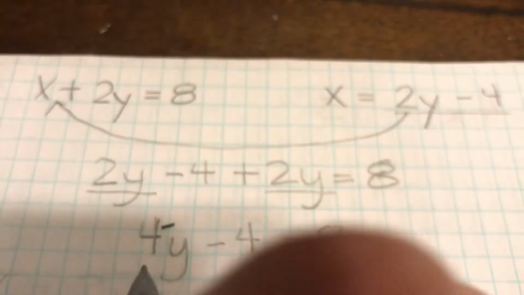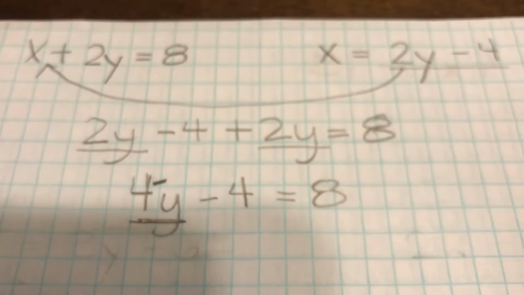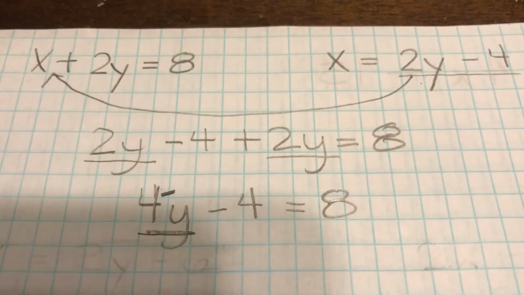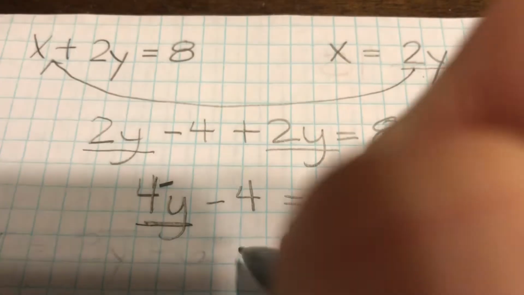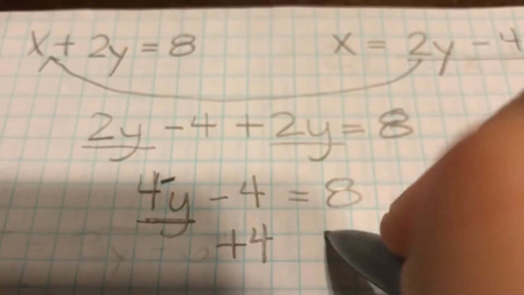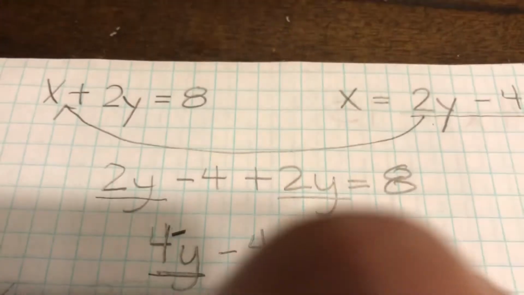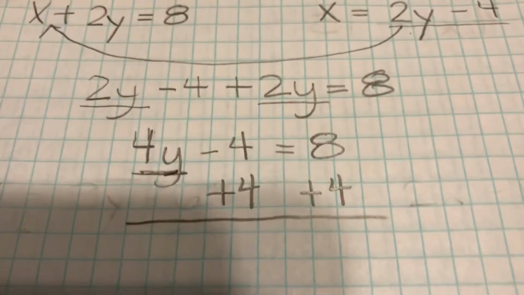I can't do anything with this y right now because it's all wrapped up with that 4y. So I need to get rid of that minus 4, so I add 4 to both sides because we do the opposite to get rid of it, and we have to keep it balanced. I'm going to cancel this, and it's going to give me 4y is equal to 8 plus 4 is 12.